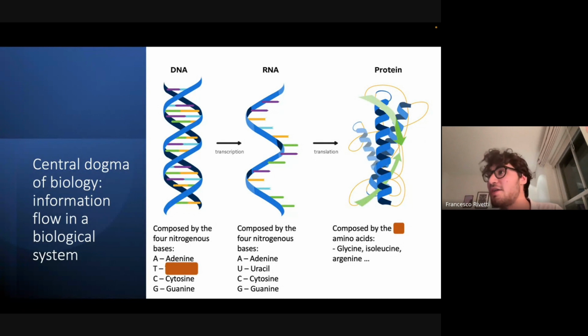Let's say you're a child, you're growing, and you need a growth hormone that tells your body, grow, grow, grow. Then your DNA will say, okay, I need to grow, let's produce RNA of the growth hormone, which is then transported outside the nucleus and translated to make the growth hormone. So it's how essentially the nucleus controls the cell and the entire body to do anything. In the example that I gave, grow.